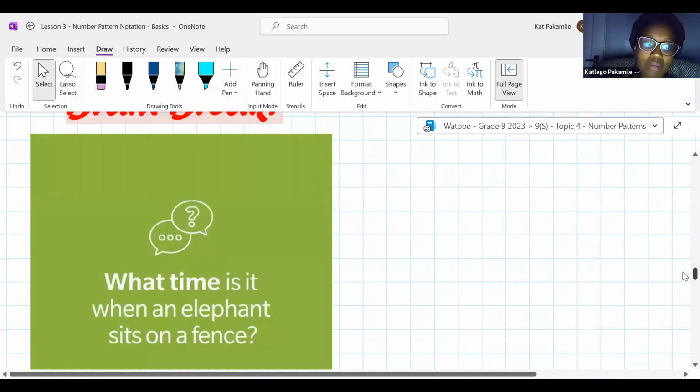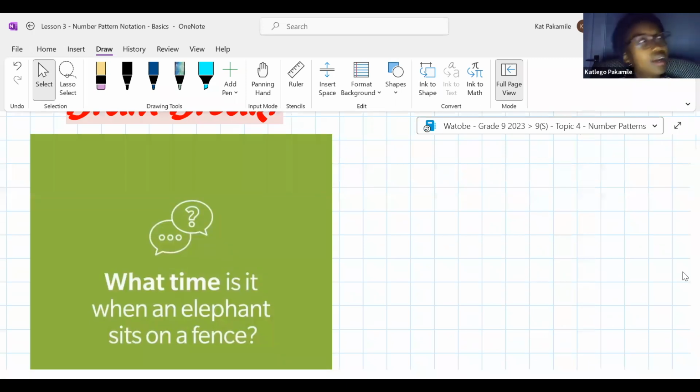What time is it when an elephant sits on the fence? I have no idea. Not in this chapter, Keisha. In algebraic expressions, yes. Help in the chat, guys. What happens when an elephant sits on the fence?